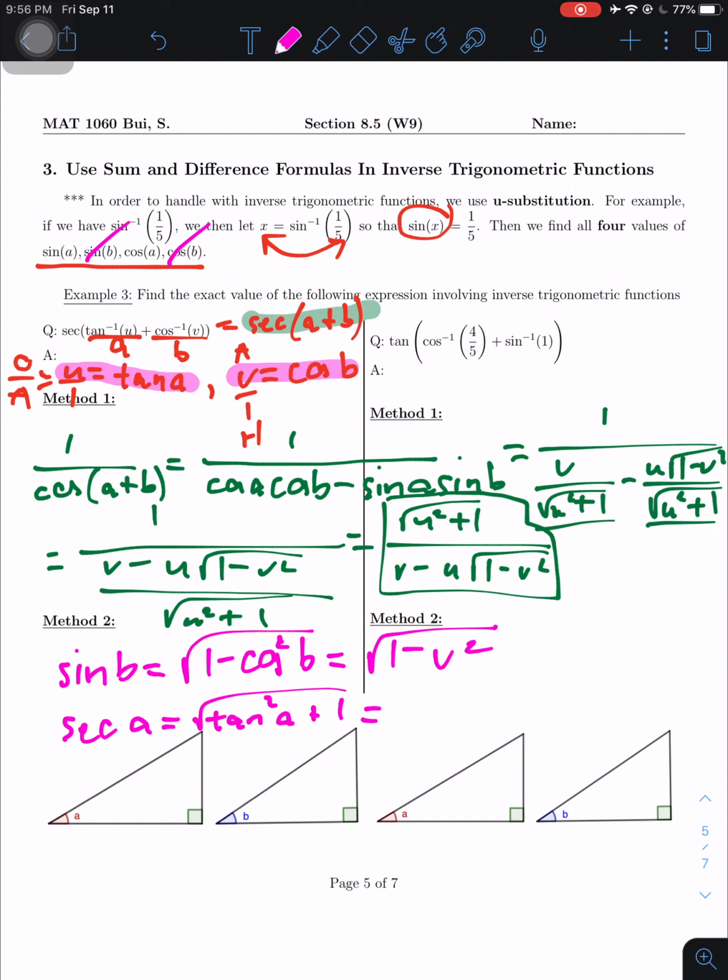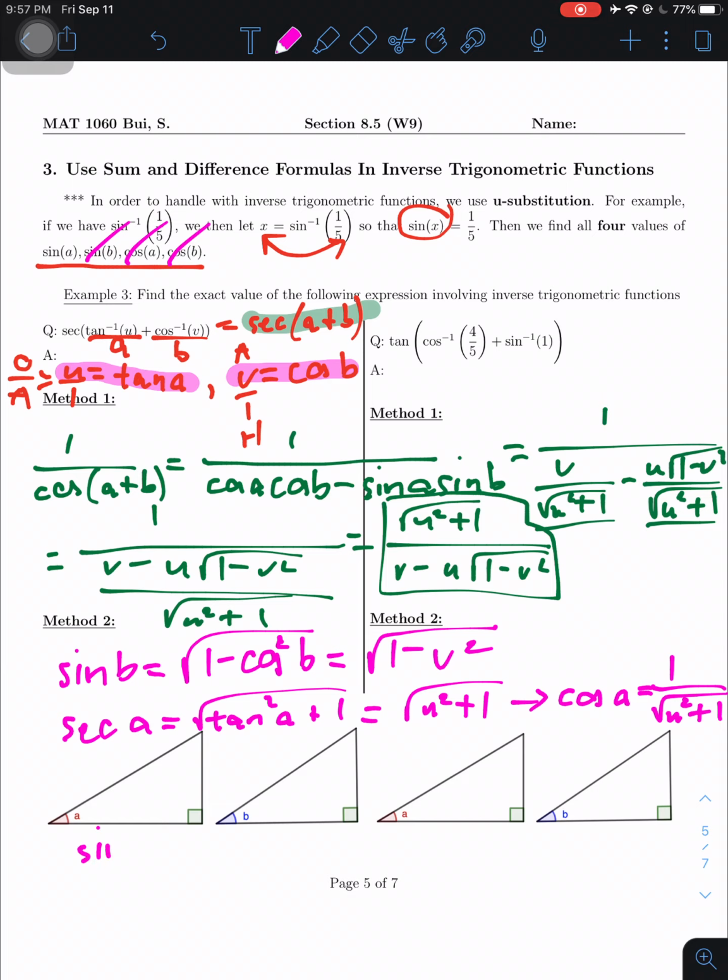And then tangent of A is u, so I'm going to have it equal the square root of u squared plus 1, okay? So that means that the flip of it, cosine of A, equals 1 divided by square root of u squared plus 1. Okay, so we got cosine of A in a hard way, but still we got it. Lastly, we have sine of A. How can we solve for sine of A?